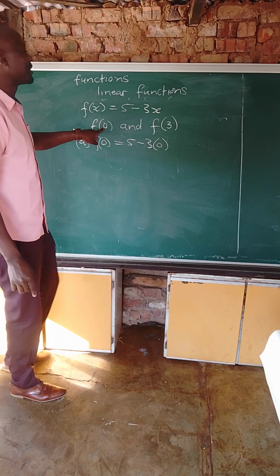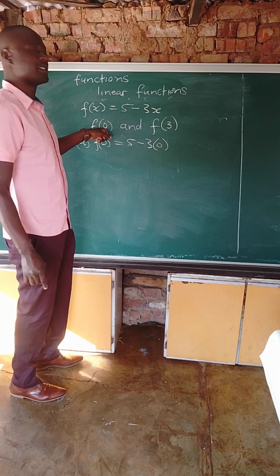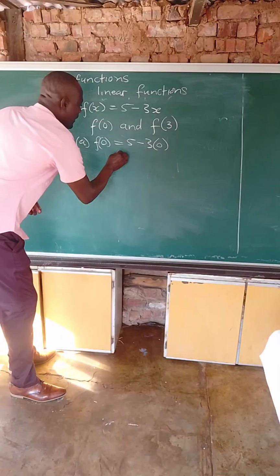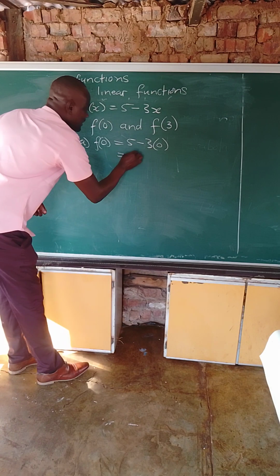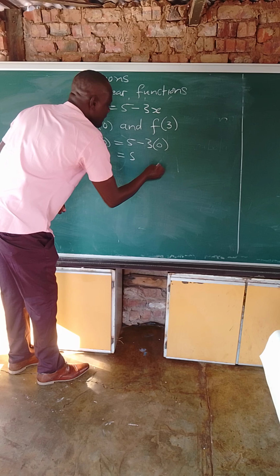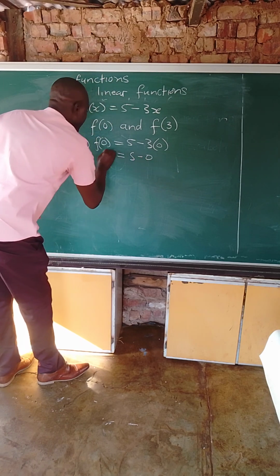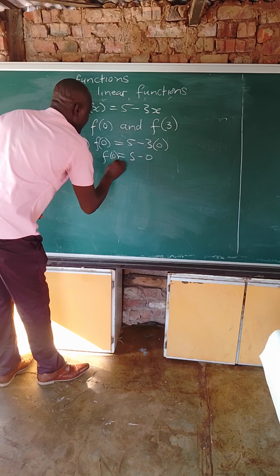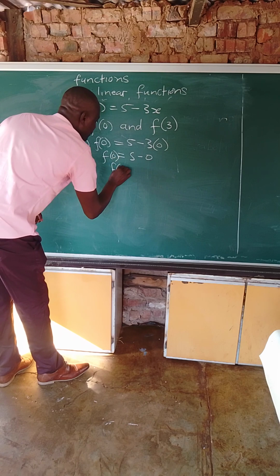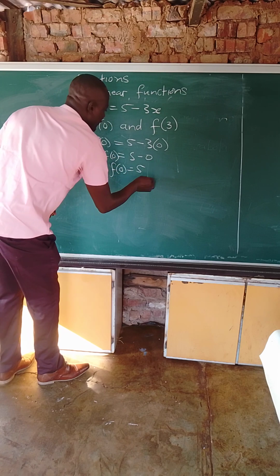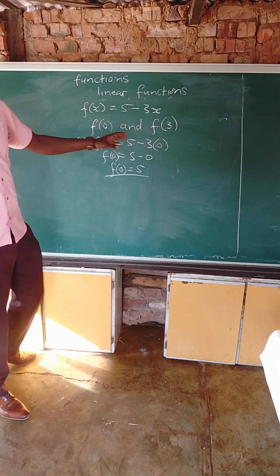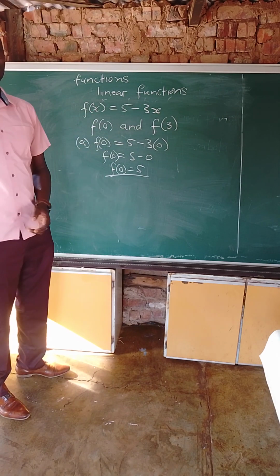So we are substituting for x with 0. So now f of 0, what is it? 5 minus 3 times 0, what do we get? We get 0. So it's 5 minus 0. Therefore, f of 0 is equal to 5. This is how we solve a situation like this.